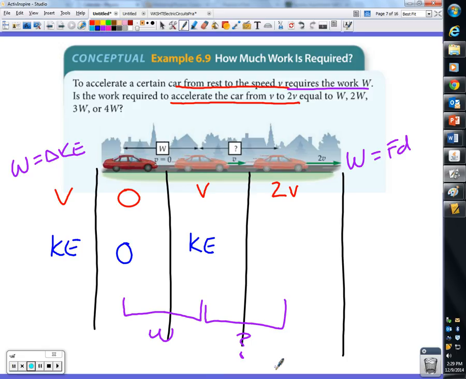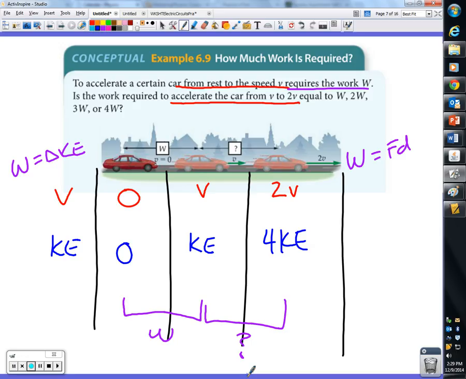What does that do to our kinetic energy? How much more kinetic energy will we have now? 4 times. Because kinetic energy depends on the square of the velocity.